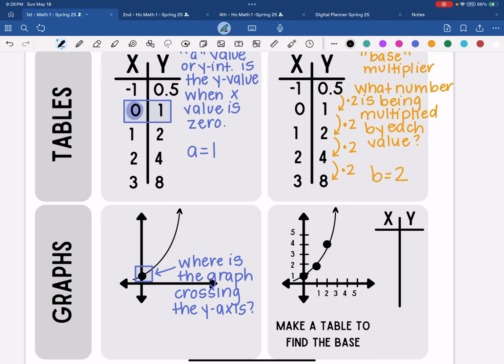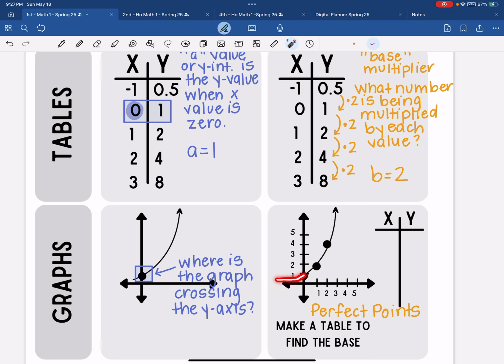Now, I've labeled the points here for you, but again, when you make your table, you have to find perfect points. Those perfect points need to be listed from least to greatest and in consecutive order. So we start from the left side of the graph and go left to right, like we read a book.